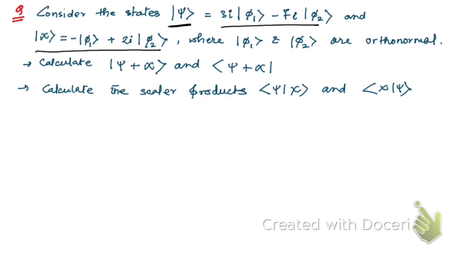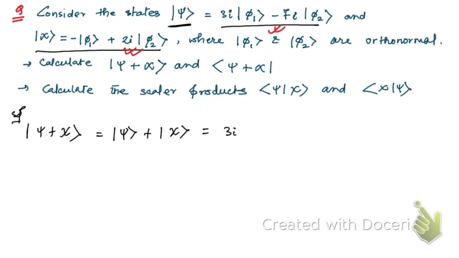First let me calculate the ket of phi plus chi, which is nothing but ket phi plus ket chi, and let us use these values and combinations, which are given in the question.